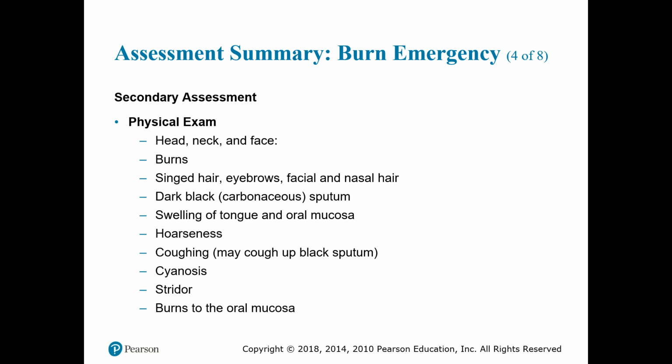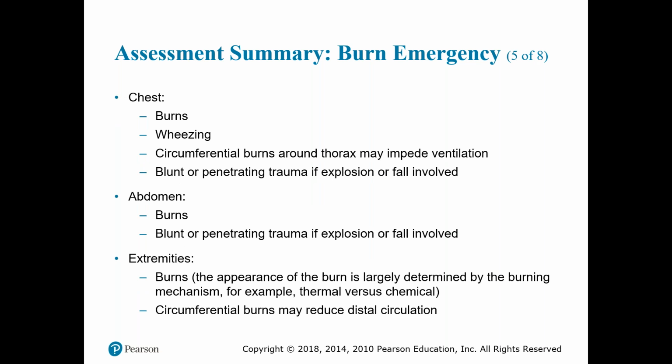When we're conducting our physical exam, do a really good detailed exam of the specific area of that burn site. But then when you're doing your head to toe exam, be looking for those secondary injuries and those secondary sites of where that burn could have possibly gone. So when we're doing our head to toe, first check our head and our face, looking for any injuries to the respiratory system.